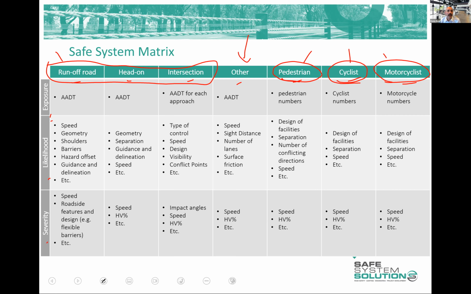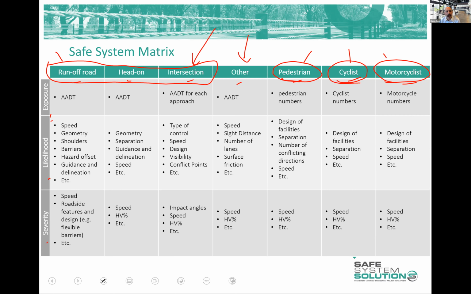If it's an end of queue issue, with vehicles queuing back from an intersection and you're worried about the risk of a rear end crash, that gets accounted for in intersections as part of a safe system assessment. There was a fair bit of industry debate around how that should be categorized, and it's ended up as industry practice to put it into intersection.